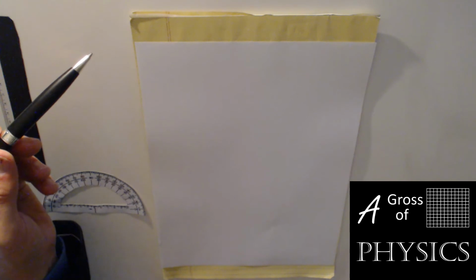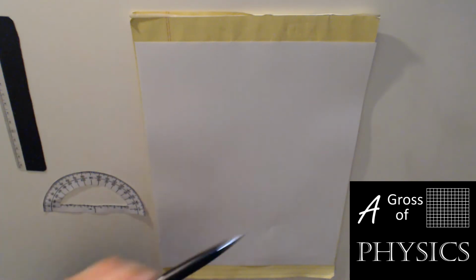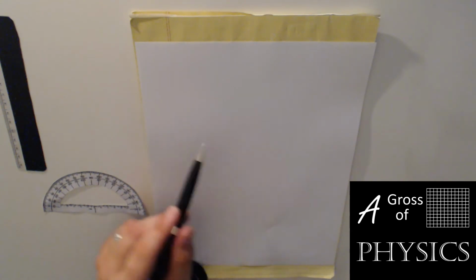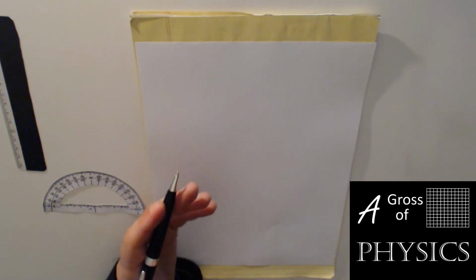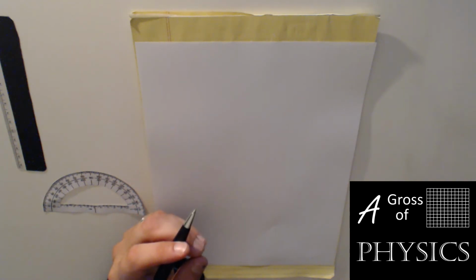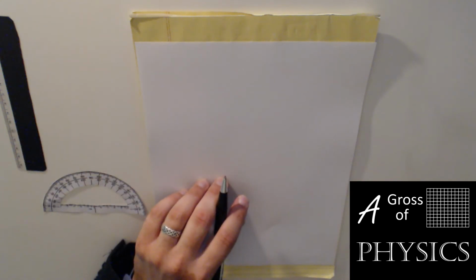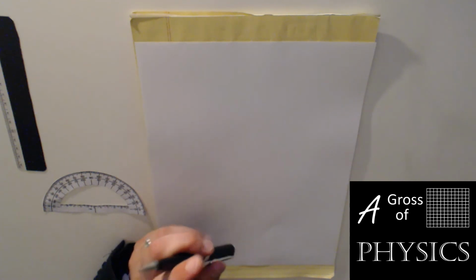Typically, I'm able to start on one side, work my way down the page, then I work on the other side. With vectors, because we're going to be constantly going back and forth over lines that we already drew, what that's going to do is cause a situation where I'll constantly knock the lines off if I'm using my dry erase markers. So I'm going to try to go with a pen.